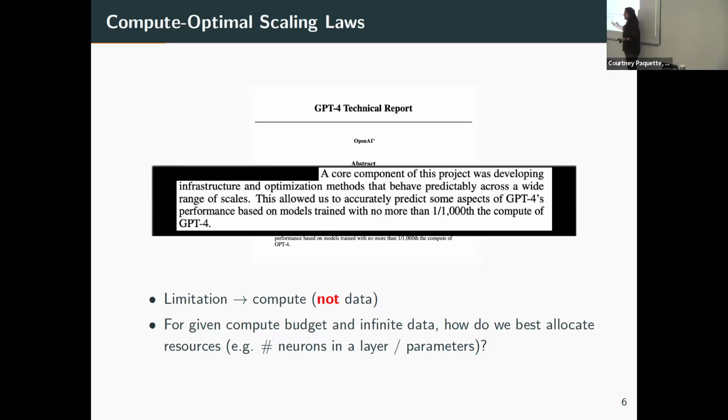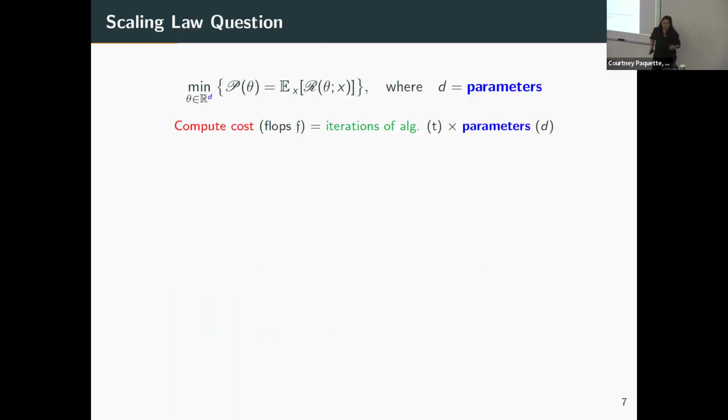How do you best allocate your resources? That is to say, how do you choose the best neural network, the best transformer architecture, given that you only have so much compute? I've encountered this problem, right? Definitely have encountered it. All right, so how do we do this?